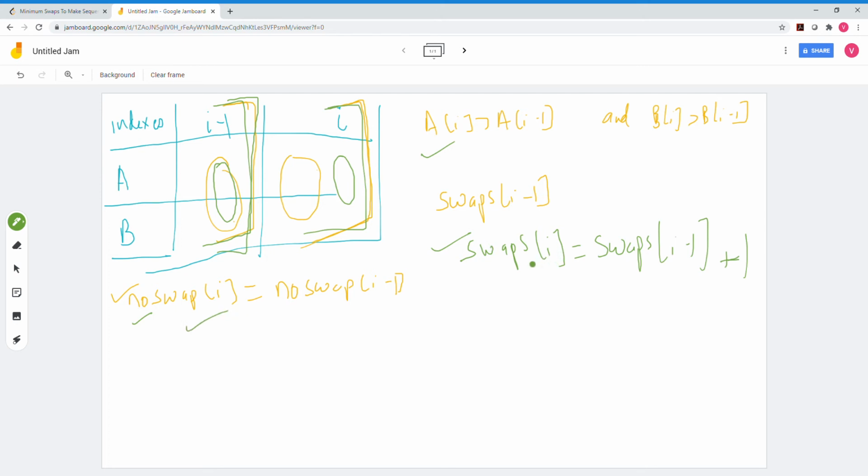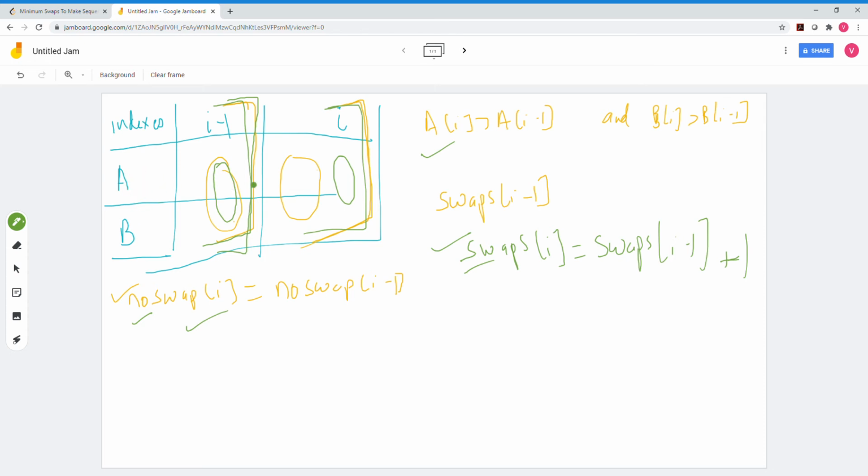Let's justify the second equation that I've written. I want to find swaps of I. What is swaps of I? Swaps of I is the cost to make both the arrays increasing until the ith index, such that there is a swap here at the ith index. If there is a swap at the ith index, it also means that there has to be a swap at the I minus 1th index. But wait, if I swap simply at the I minus 1th index, the arrays behind might not be strictly increasing.